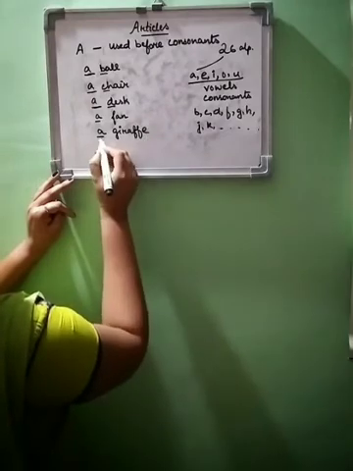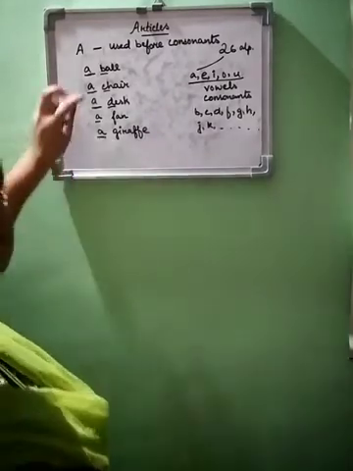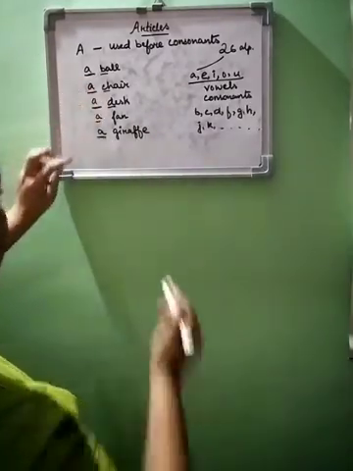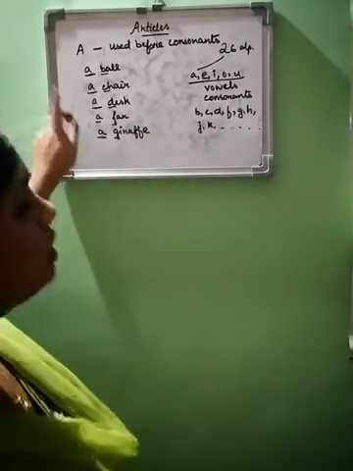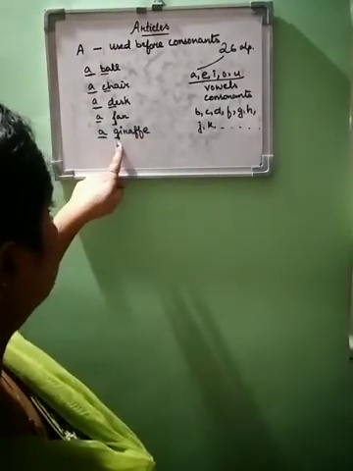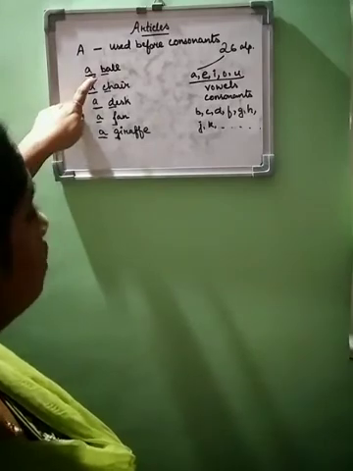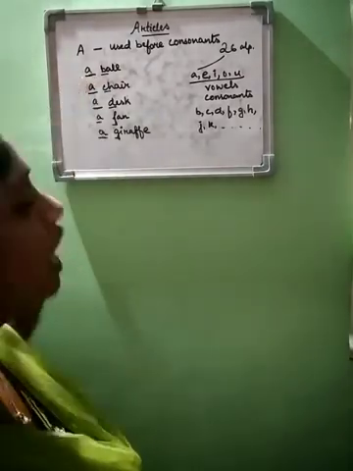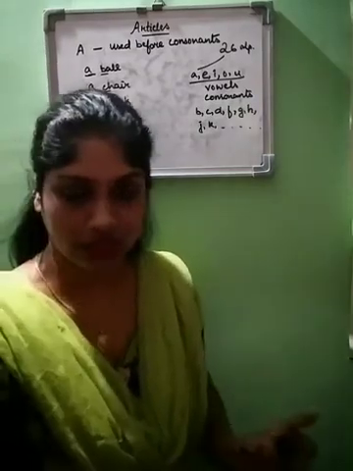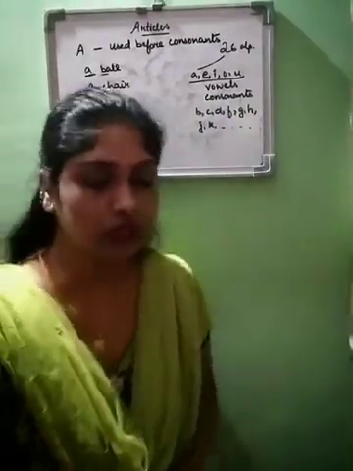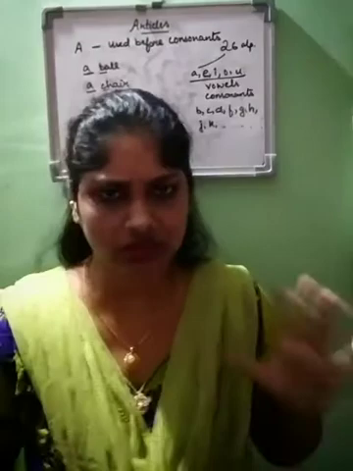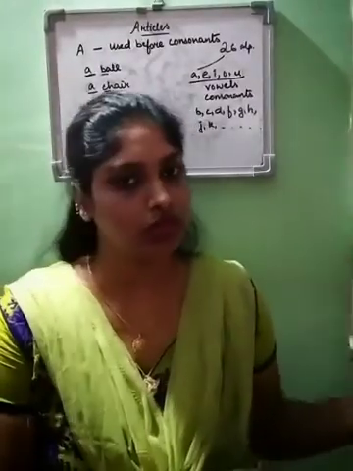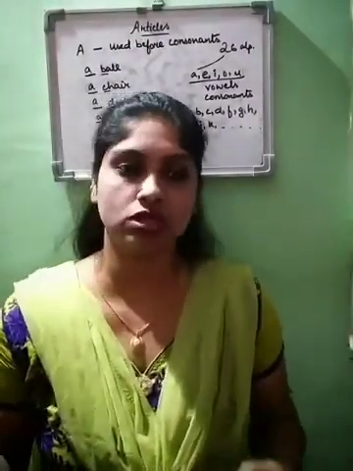So all the words which start with a consonant, B, C, D, F, then G, these are all starting with consonants, right? So before the words which start with consonants, we will use the article a. This is very simple: before vowels we use an and before consonants we use a.